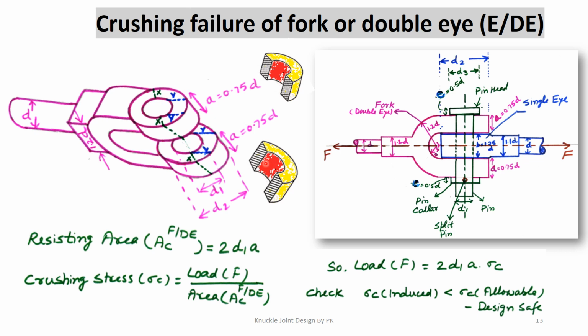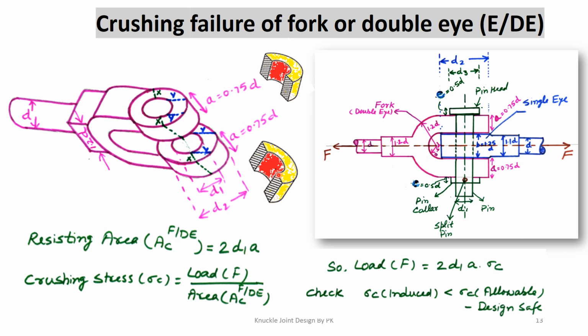This red patch here as well as here can fail in crushing. The inner diameter is d1 and the height is a. So the projected area of this curved portion is d1 into a, for the upper eye as well as for the lower eye.